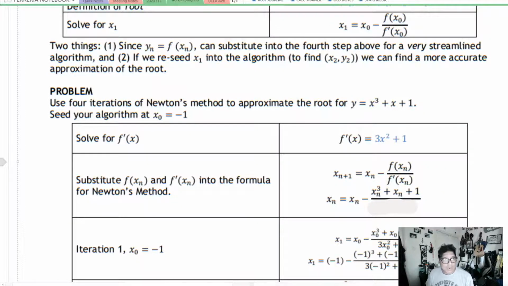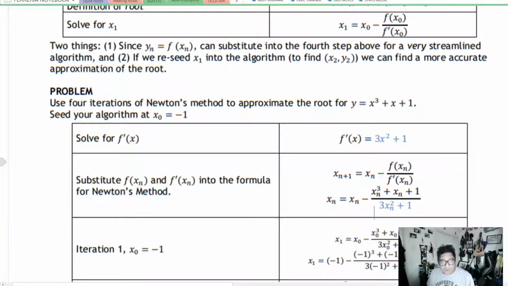The next thing that we know is that f prime of x is equal to 3x squared plus 1. So in the denominator here, guess what we're going to put? 3x squared plus 1. Now we're using xn because that's going to say the previous one.